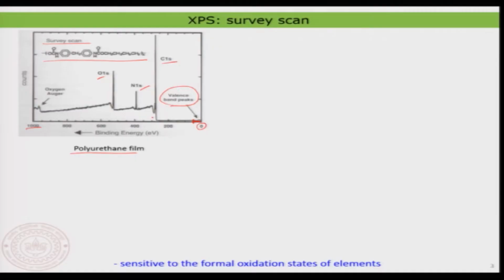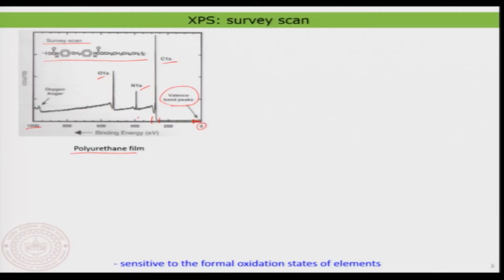So, clearly I can detect the elements that are present, which are carbon, nitrogen and oxygen, and I also see some kind of composition, and that is exactly what you see from the peak intensity. Good, already the survey scan is quite promising.